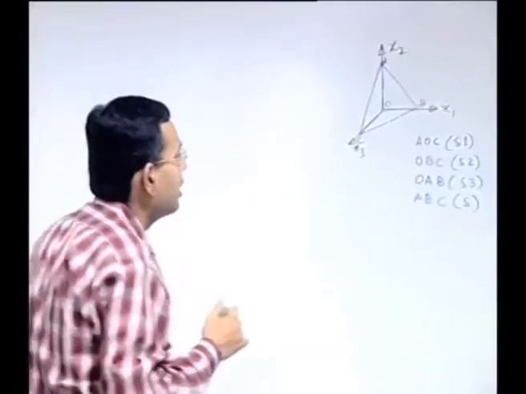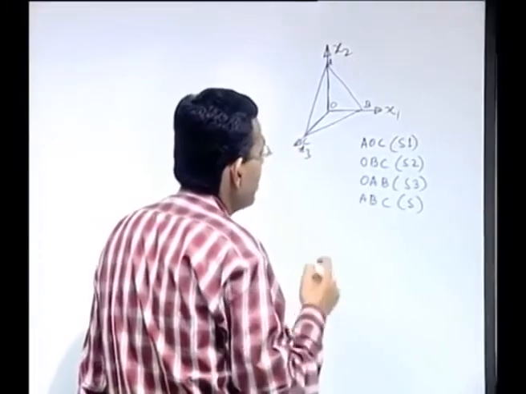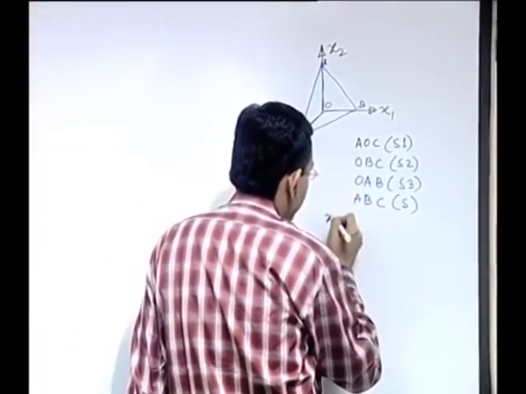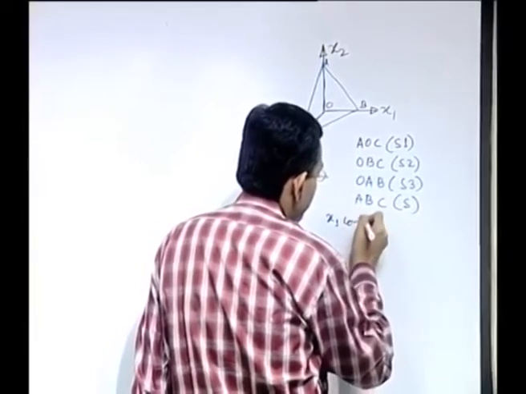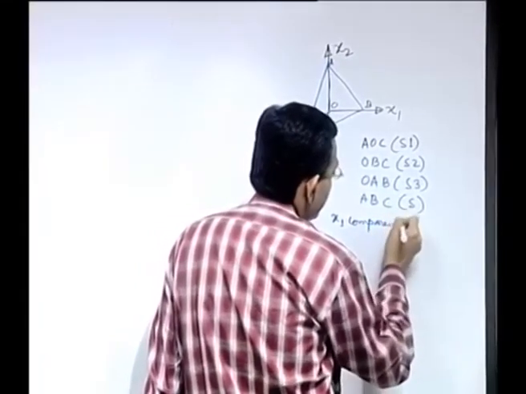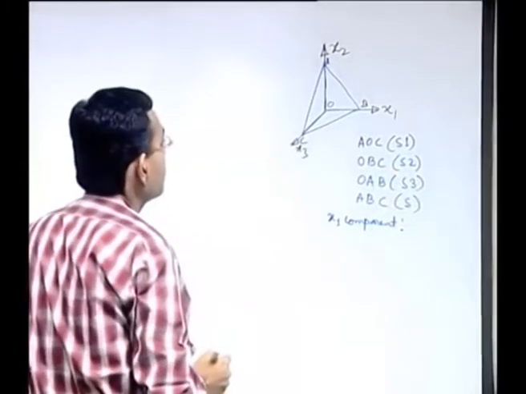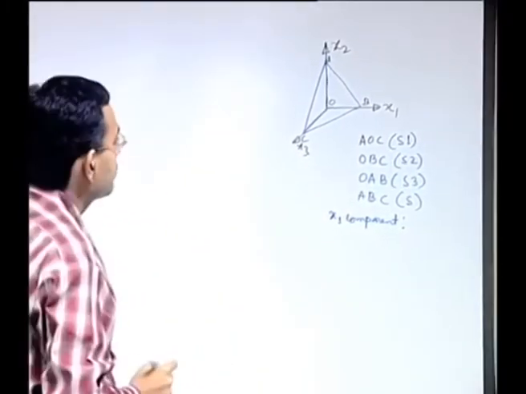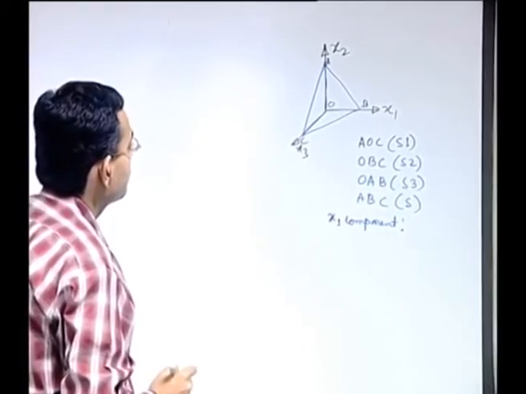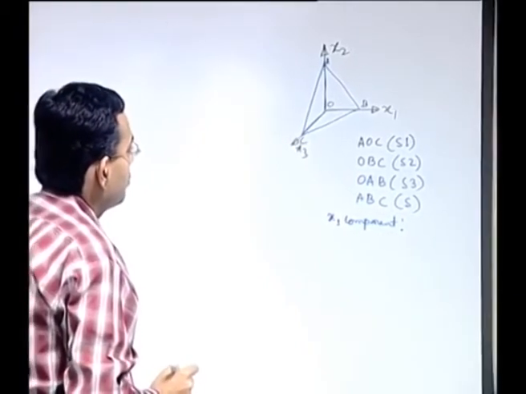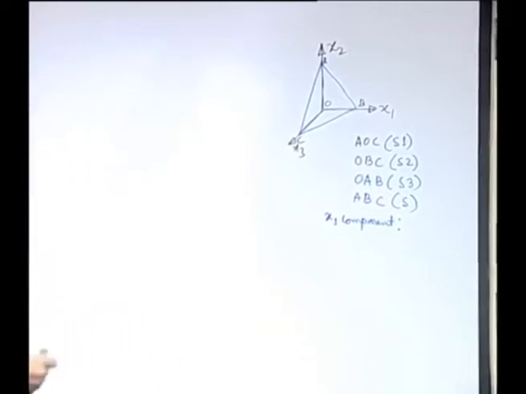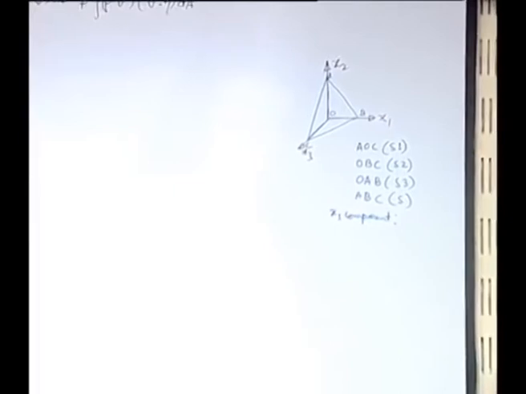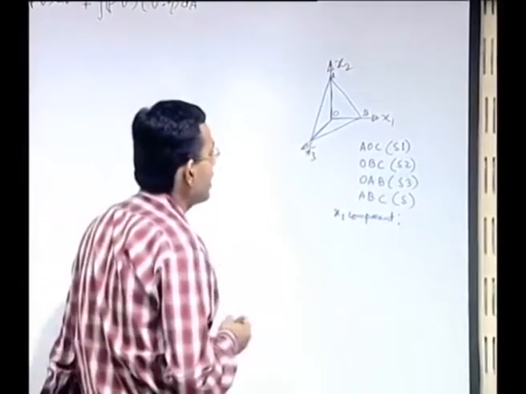How to do that? Let us just consider only one component. Let us say we are interested in the x1 component. So let us identify the forces. First let us identify the force on surface S1.